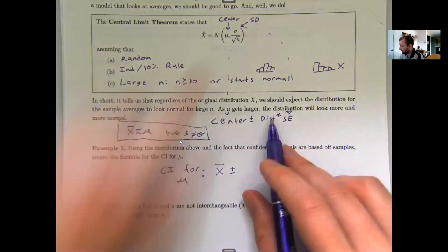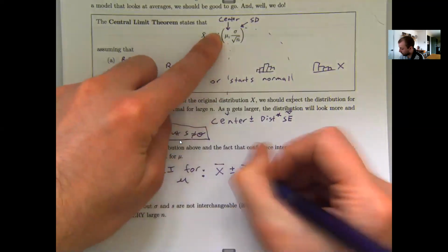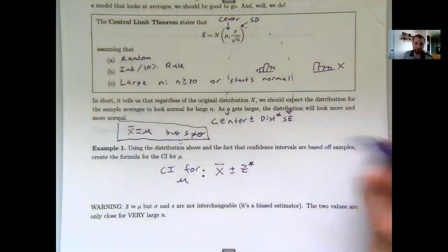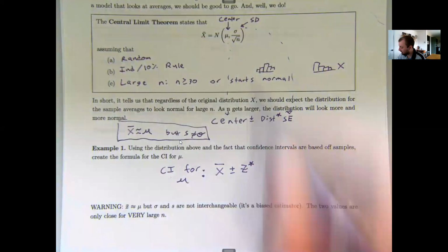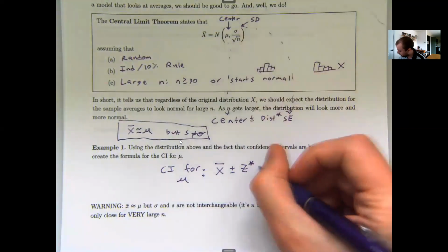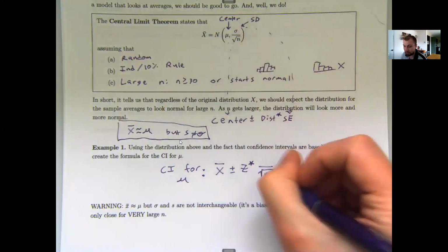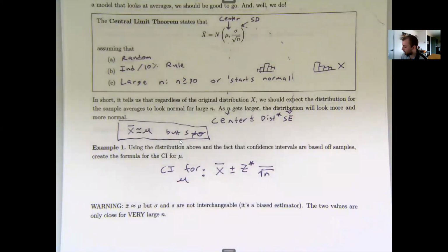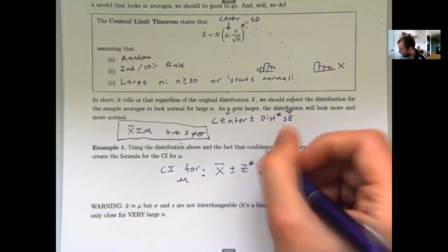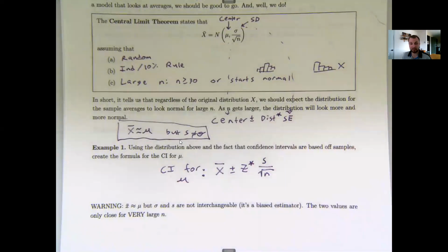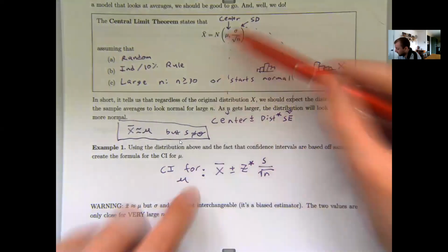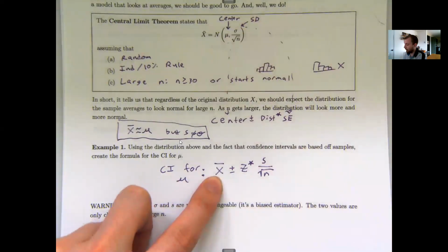I'm working with the normal distribution, so I'm using z-scores. And I want to take this standard deviation, this sigma over the square root of n, but I want to make it based off of the sample. So instead of sigma, I'm going to put down s. And this is fine in theory because mu and x bar, no problem switching those.